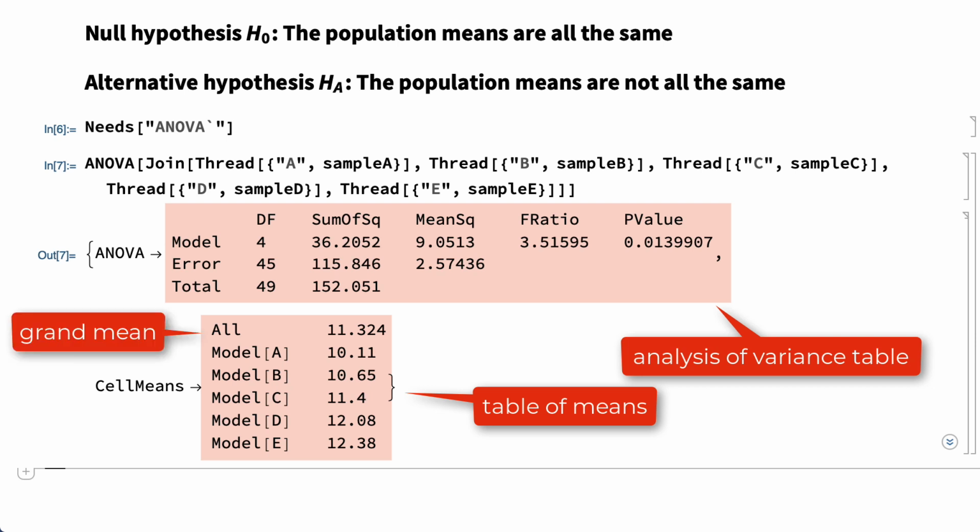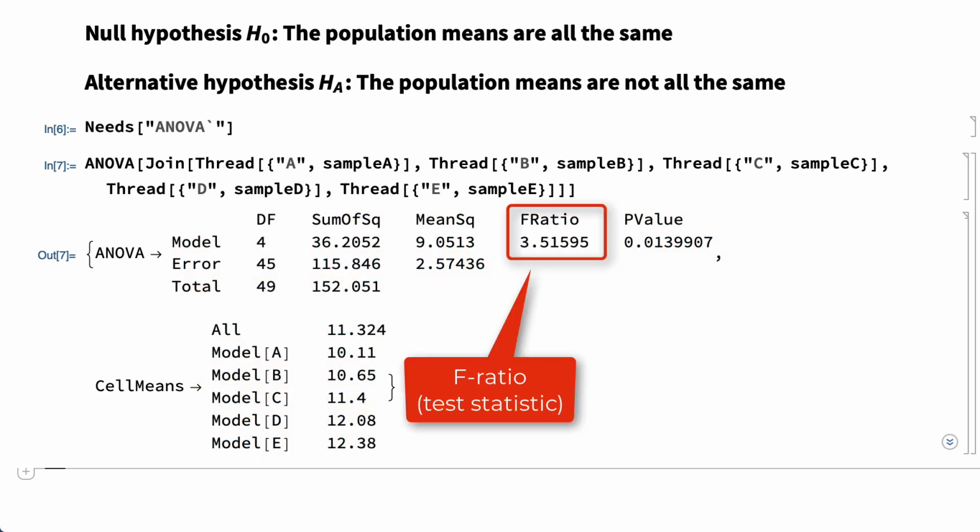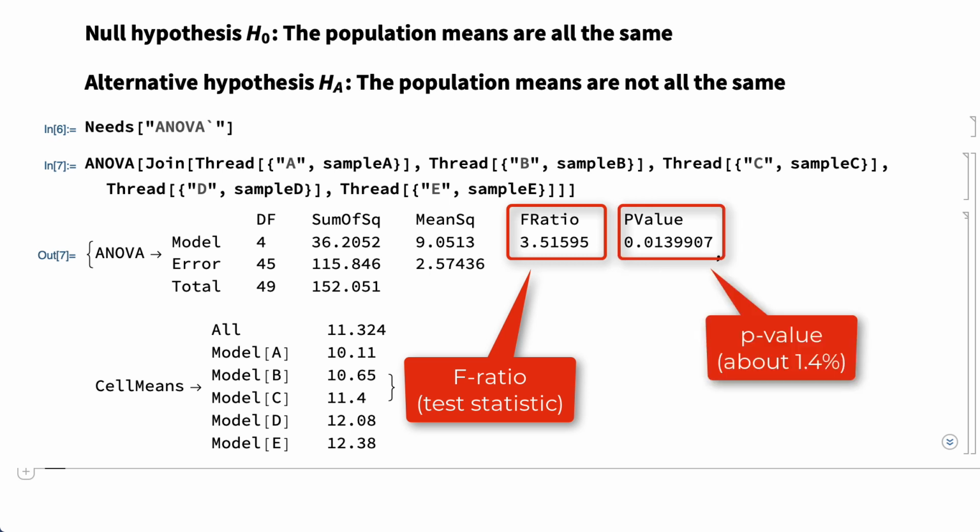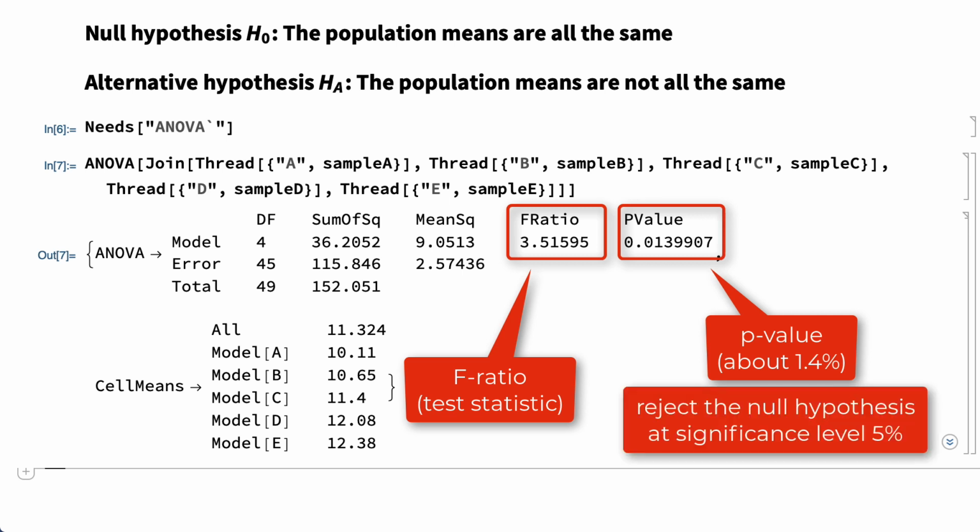The analysis of variance table includes the F ratio, which is the test statistic of the analysis of variance hypothesis test, and the p-value of the hypothesis test. The p-value in this example is about 1.4%, so with significance level of 5%, the conclusion is to reject the null hypothesis and conclude that the population means are not all the same.